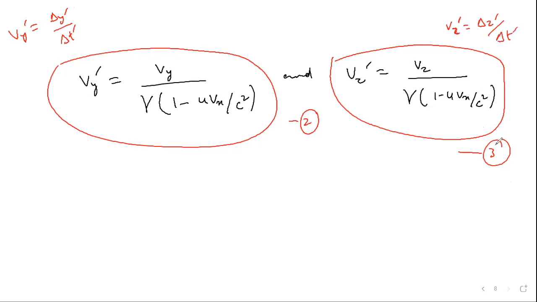For delta z prime and delta t prime, you will make use of the Lorentz transformation equations in the form of interval. Then you will obtain these equations. To check it at home, this is your assignment. So let us move.